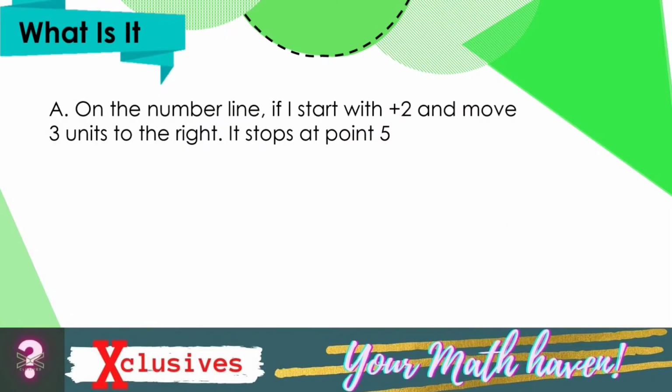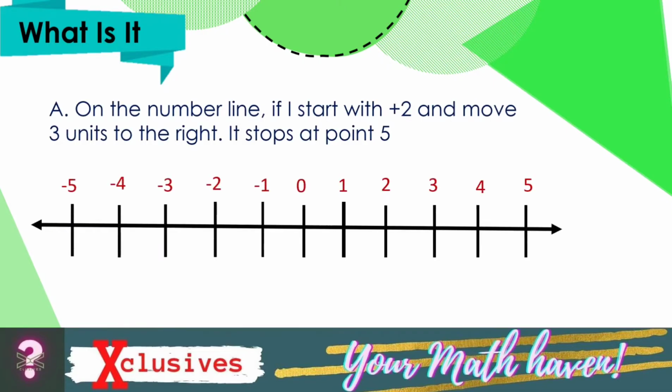This time, I will give you more examples to help you understand the concept of addition and subtraction of integers. Question A. On the number line, if I start with positive 2 and move 3 units to the right, it stops at 5. Let me show you. Starts at positive 2, move 3 units to the right, it stops at 5.